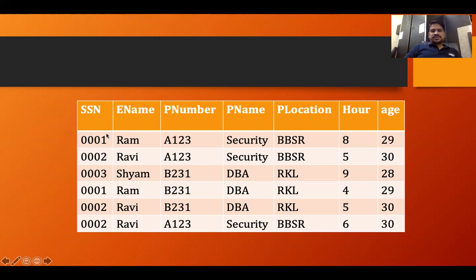At one instance of time, social security number one has employee name Ram, and at time T2, social security number one again has employee name Ram. Is it true for all values in the table? Yes. Social security number two is Ravi, and after some time, two is Ravi again.